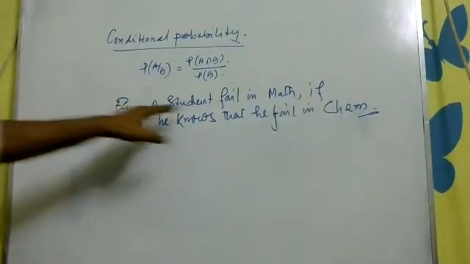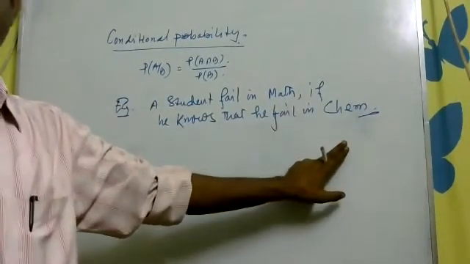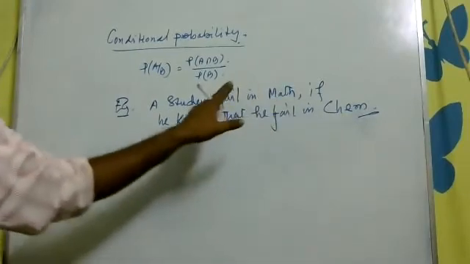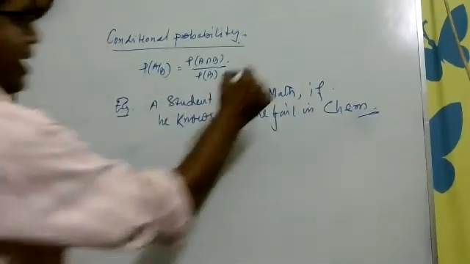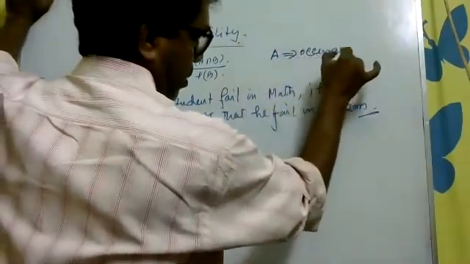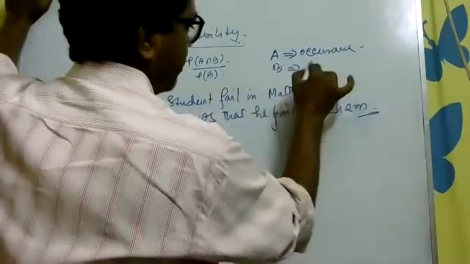So इसमें maths is the occurrence and chemistry is the condition. If he knows that he failed in chemistry, maths is the occurrence. So A by B means that A is the occurrence and B is the condition.